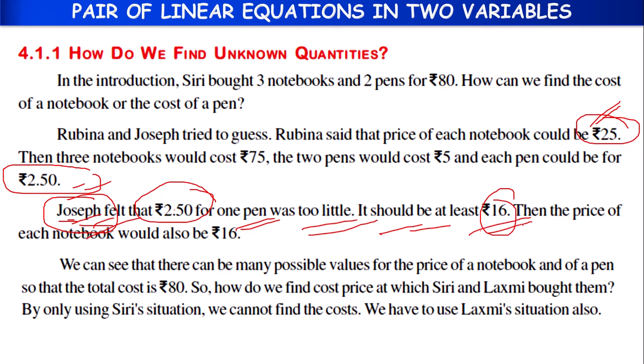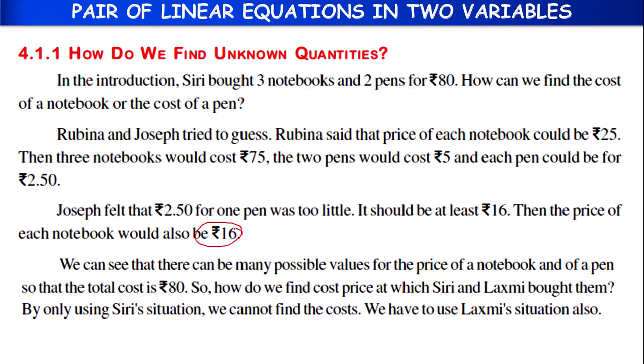So he said the cost of a pen is 16. 2 pens, 2 into 16, 32. Out of 80 rupees, if 32 rupees goes, what is remaining? 48. In 48 rupees, 3 notebooks, means a notebook also will be 16 rupees. So like that, they are guessing.